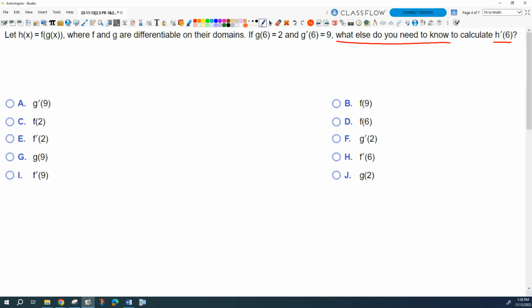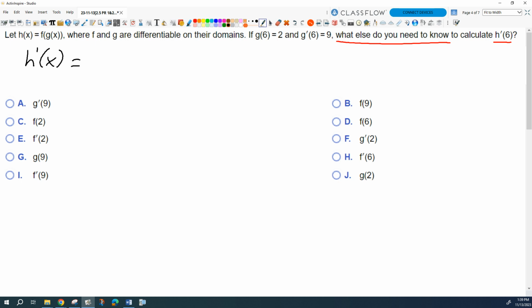Okay, what's sometimes helpful here is just to think in general. Don't think about h prime of 6. Think about maybe h prime of x. You guys remind me, what is h prime of x going to equal if h of x is a composition of those two things? By the chain rule, what do we get? h of x is f of g of x. How many layers in that composition? 2. So I need 2 links in my chain, right?